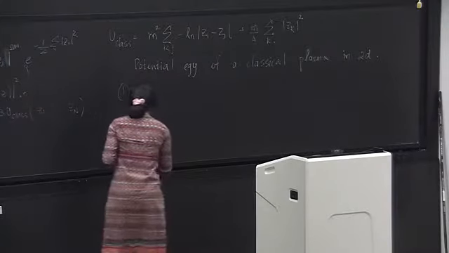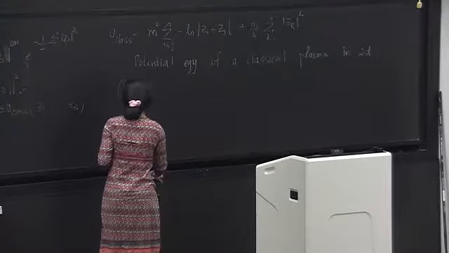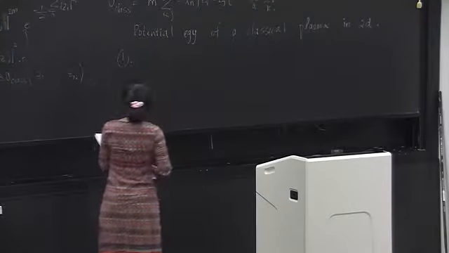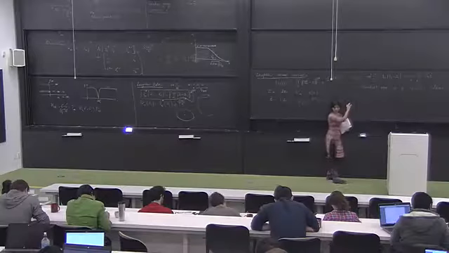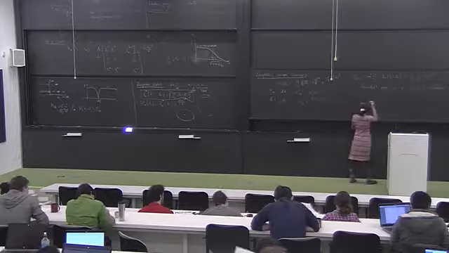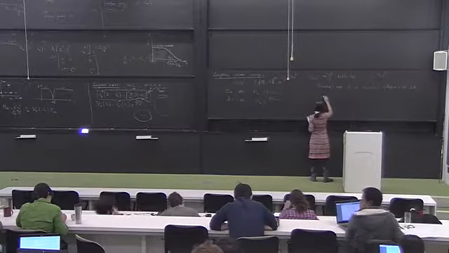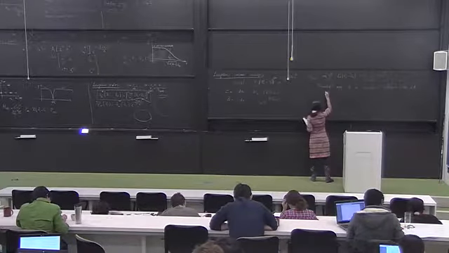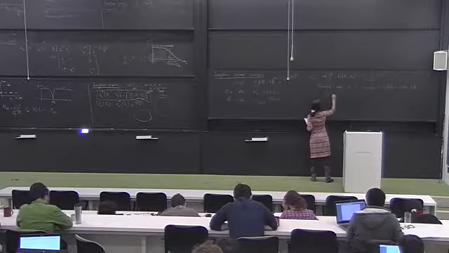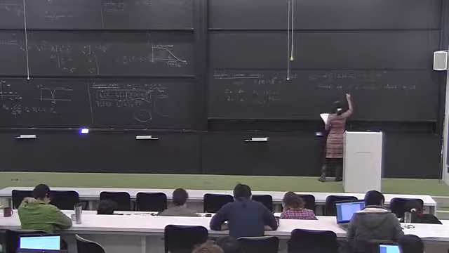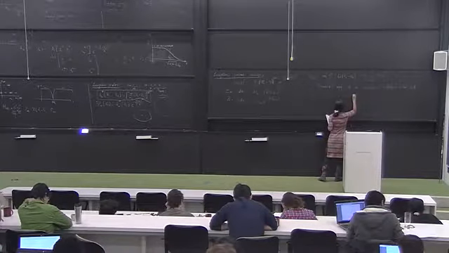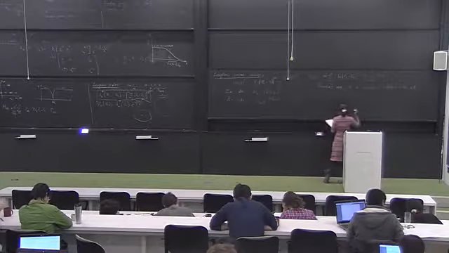So first off, electrostatics is different in 2 dimensions, which is easily seen by thinking about Gauss's law. So you know that Gauss's law is the integral of E dot dr is Q times 2 pi.